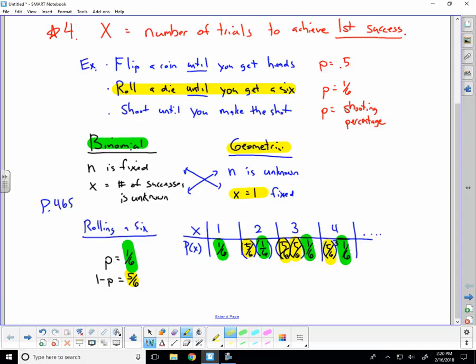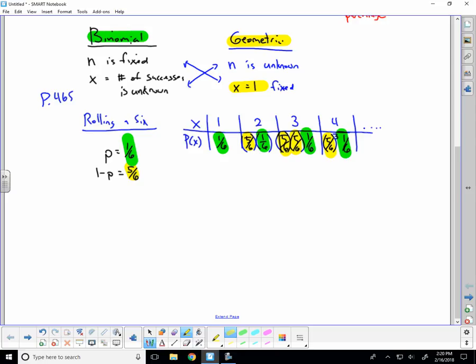So what that means, let's extend this just a little bit. Let's formalize this. We want the probability that x, the number of trials, equals a specific number n. We'll let these be the n values up here. What's the probability that x is going to equal n?